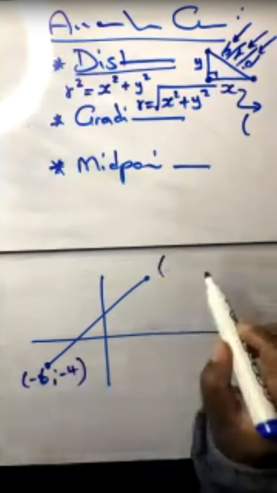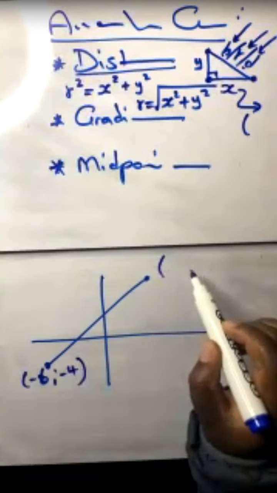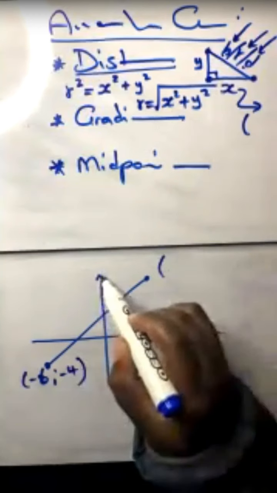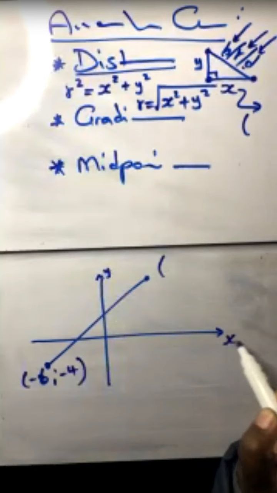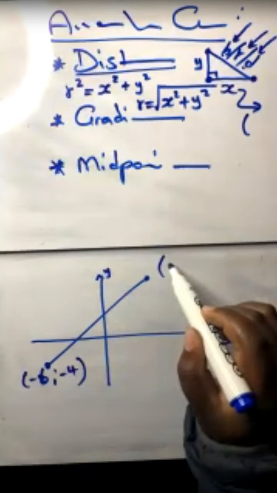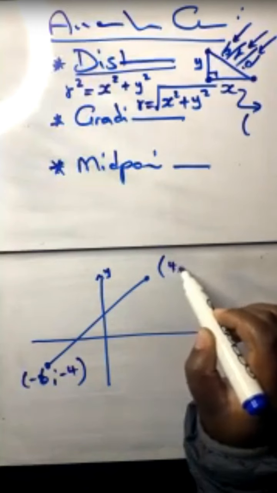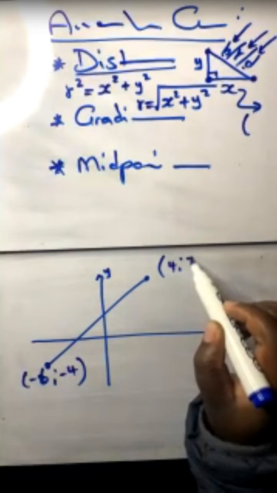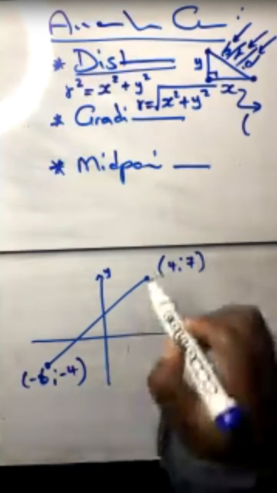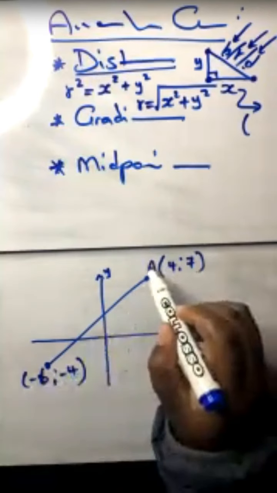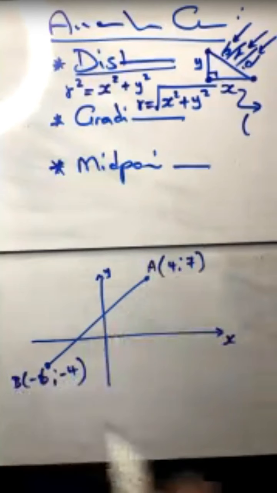And at the same time, guys, you can try to calculate the distance. So let's say over there we've got the x value being 4 and the y value being 7. So the question says calculate the distance between point A and point B.